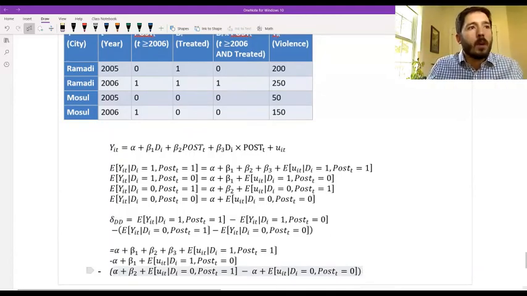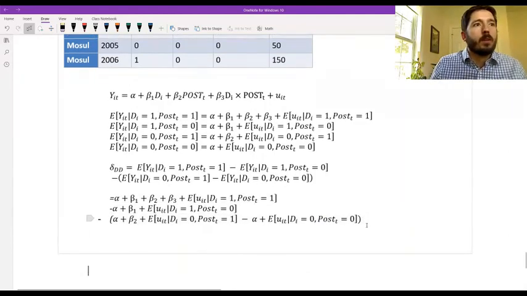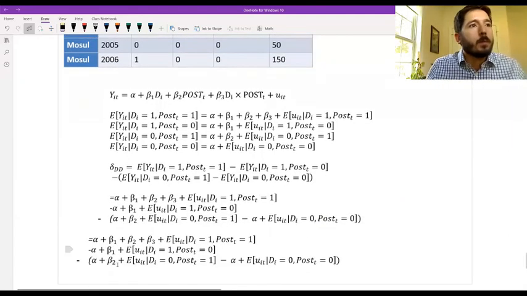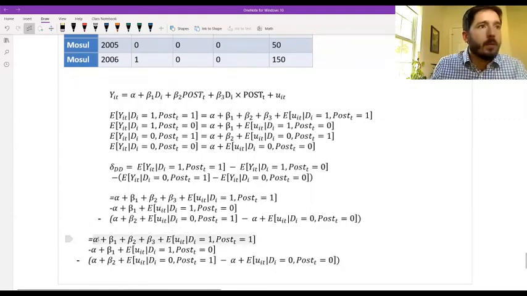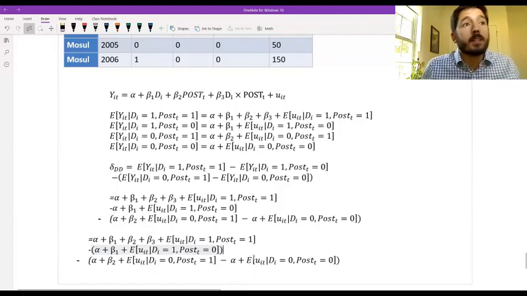Okay, so right off the bat, we can kill a bunch of stuff. I'm going to paste it down here so we can follow along. So let's say we've got an alpha here, and we've got a minus alpha here. Sorry, this should be in parentheses because we're subtracting that whole term.